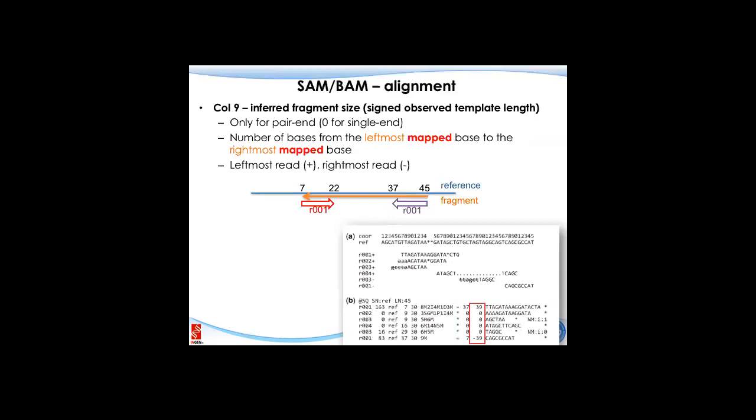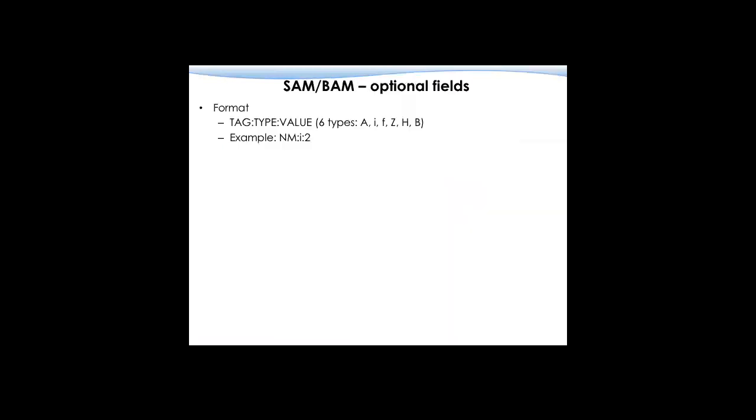That's why you put 39 here. And for the leftmost read you put a positive number, and for the rightmost read you put a negative number. That is what it is. That makes sense? So that is also included in the BAM files.